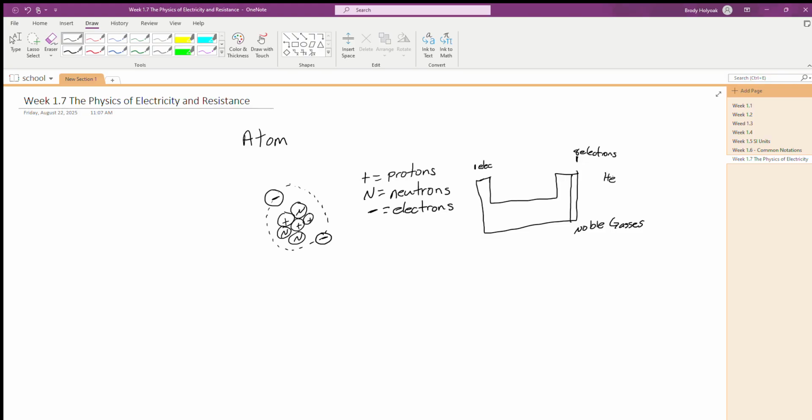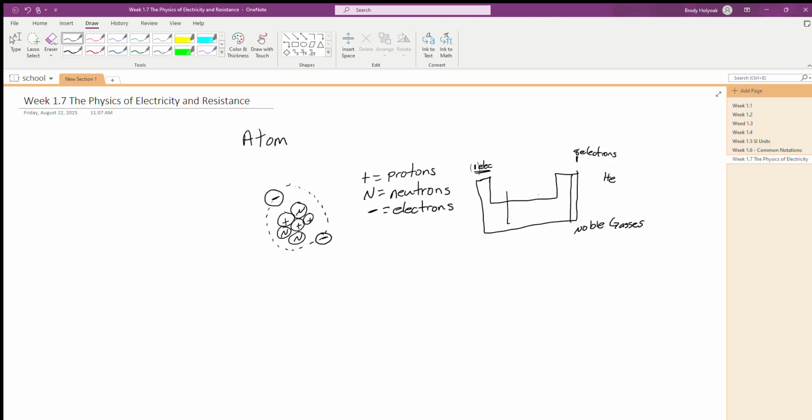This is helium. This is, I can't remember the elements all of a sudden. Neon, things like that. So xenon, those are the ones that we use on that side. The ones on the far right-hand side, they have 1 electron, meaning they want to get rid of it or gather some more to make up their total, but most of the time they're going to get rid of that 1 electron that's sitting there.